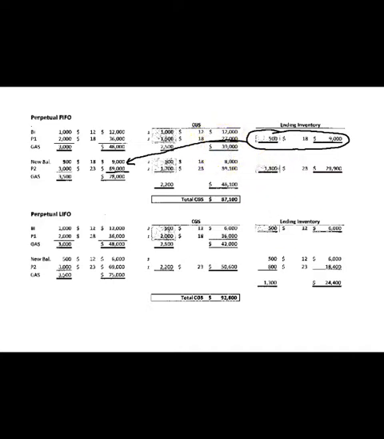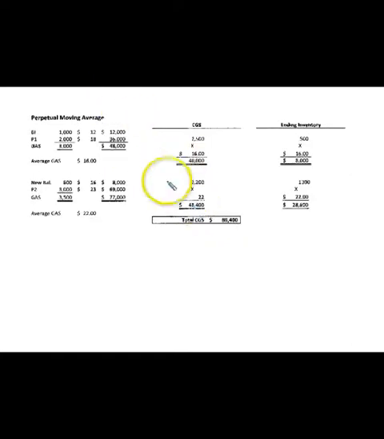The other thing that I did is that I added up cost of goods sold. So that's going to be the 39,000 and the 48,100. Add those up and you'll get total cost of goods sold for that accounting period. Okay? And then you can look just with the perpetual LIFO and then the perpetual moving average.